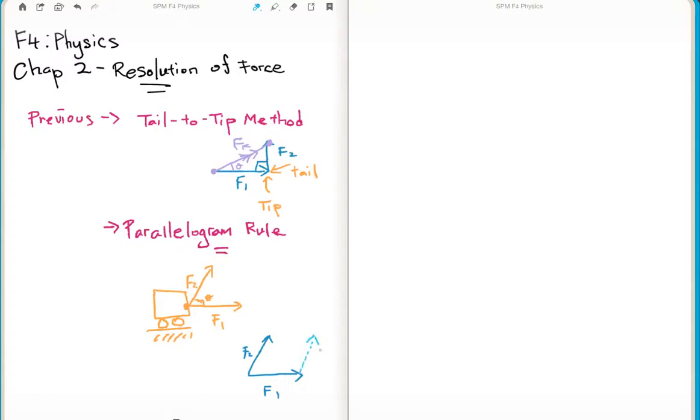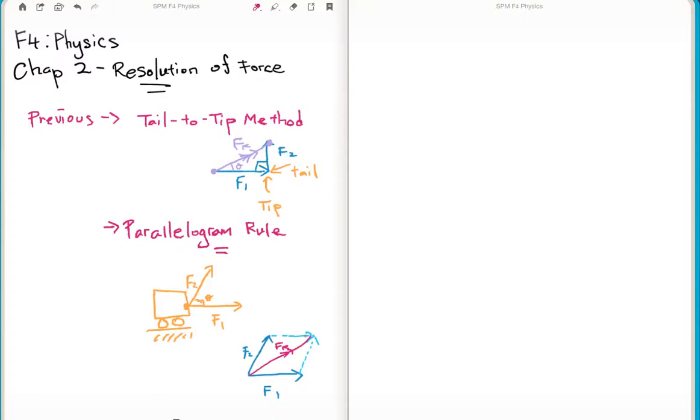This goes to here, and this goes to the horizontal, and then you connect adjacently. So this is actually the resultant force. This method is what you call a parallelogram. I'm sure you have heard of this from your additional maths, or perhaps the modern maths.